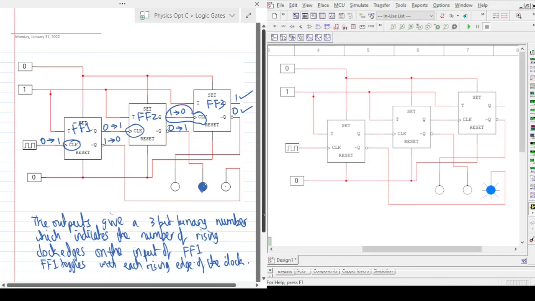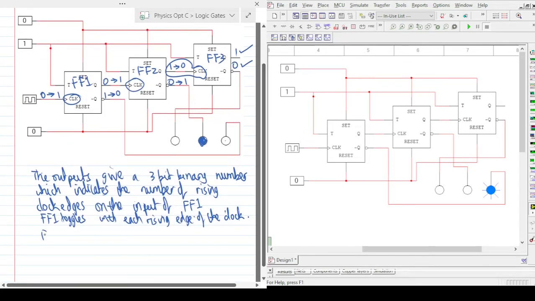FF2 toggles with each rising edge of Q from FF1, which does not toggle with every input toggle.